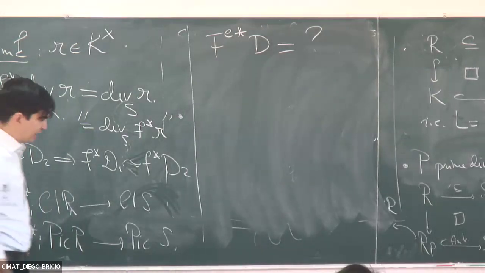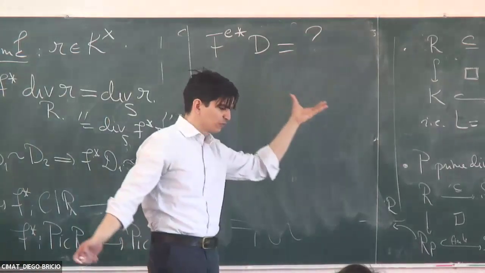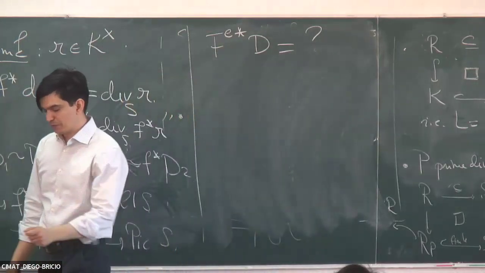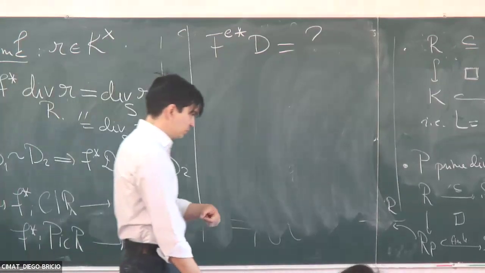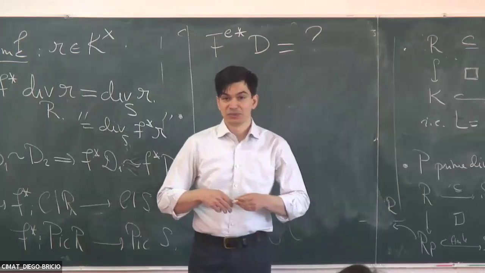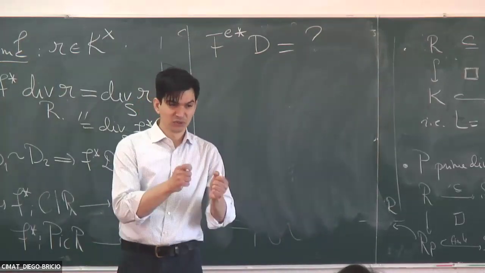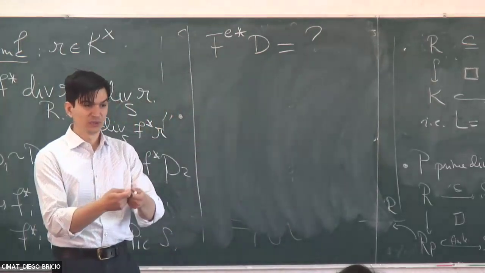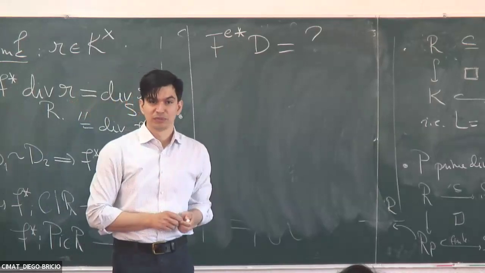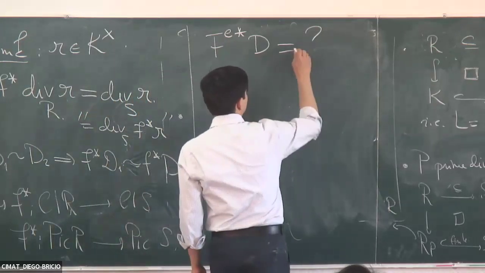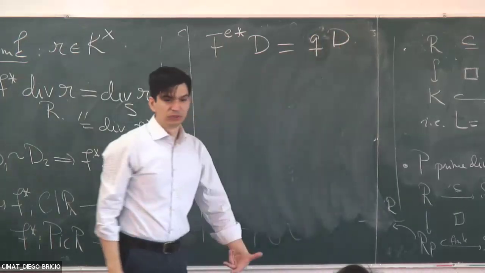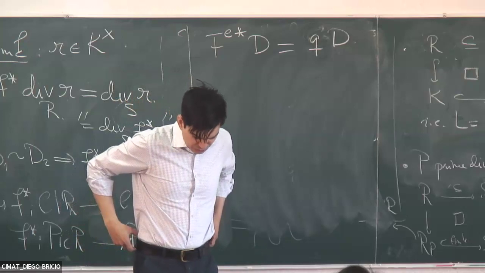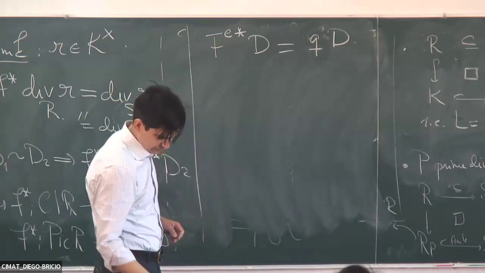By definition, it suffices to do it for a prime divisor, and we have to take the uniformizer and extend it along Frobenius. So T goes to T to the q. The uniformizer goes to the uniformizer to the q, so the evaluation of T to the q is q, and that's all you remember. So here you're going to have qD. What you do is you multiply by q on your divisors. Okay?